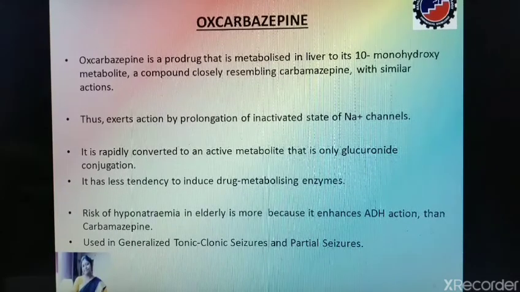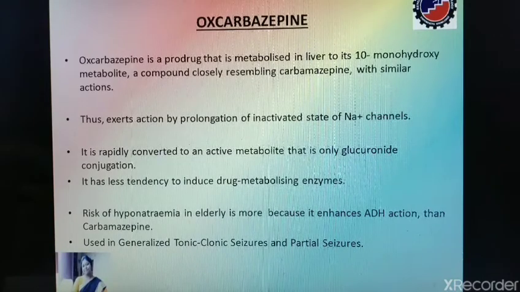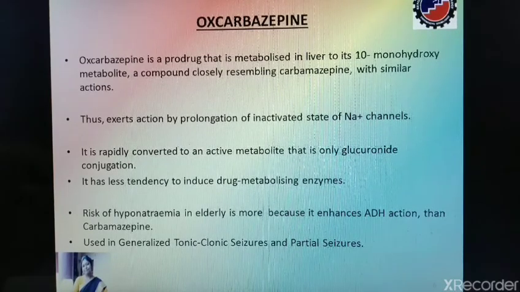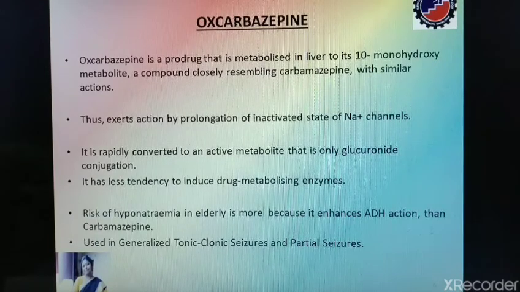Thus, it also exerts its action by prolongation of the inactivated state of sodium channels, just like carbamazepine. It is converted to its inactive metabolite only by glucuronide conjugation and has less tendency to induce drug metabolizing enzymes.